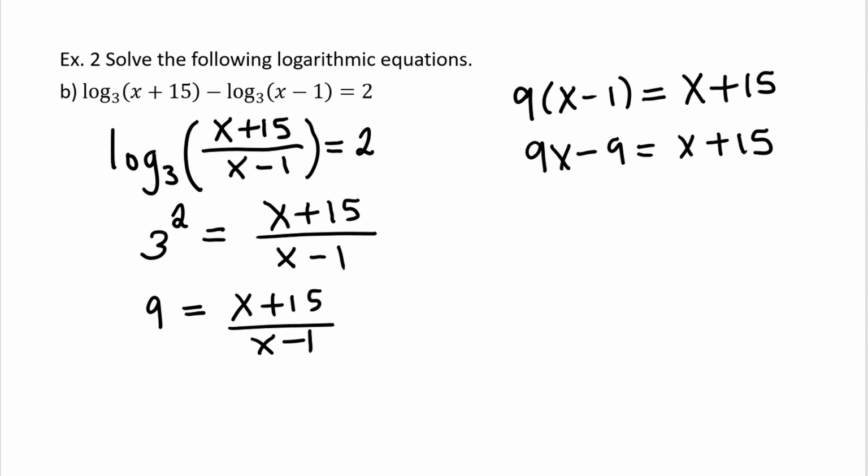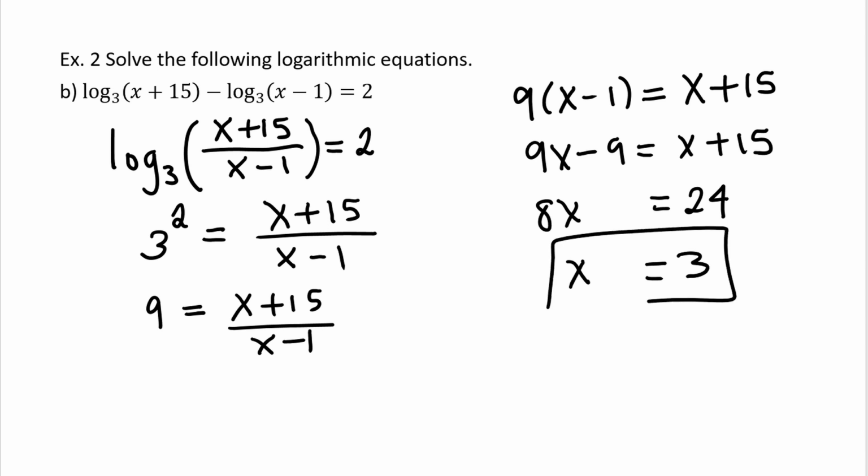And then we solve this linear equation. I'll subtract x from both sides, so 9x minus x is 8x. Then add 9 to both sides, so 15 plus 9 is 24. We can solve for x by dividing by 8 on both sides, and 24 divided by 8 is 3.